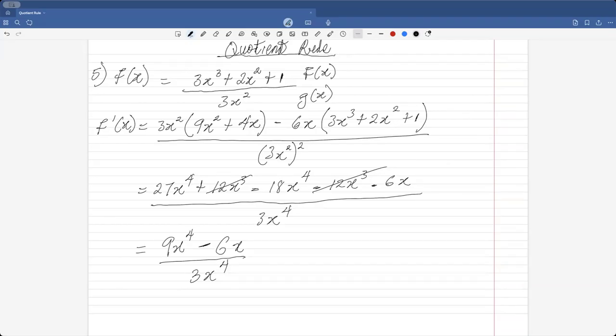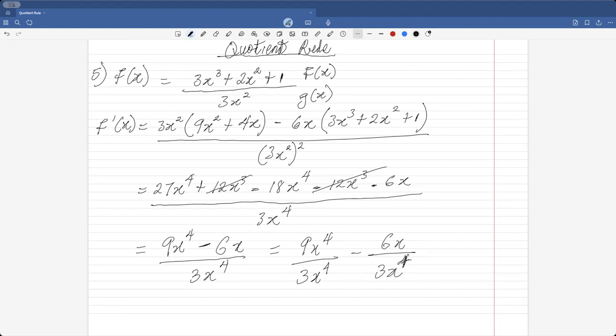So whichever one we want to do is fine. So let us divide through. So by dividing through, we have 9x to the power of 4 over 3x to the power of 4 minus 6x over 3x to the power of 4.